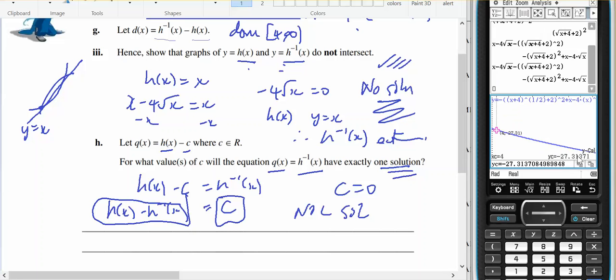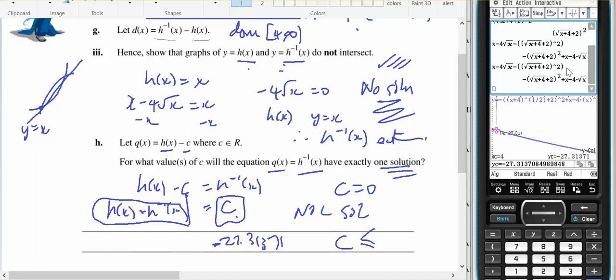It has to equal negative 27.31371. And then this would touch that once. If it was any bigger than negative 27.31371, so I want C to be equal to or less than that for it to have exactly one solution, because if it was lower, it also had one solution.